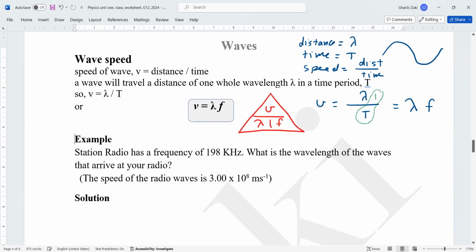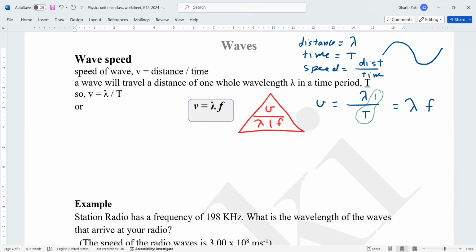So this is very important. Note, I will write this. Note that in the same medium, the speed is constant. The speed of wave is constant in the same medium. For example, in gas, liquid, or solid, the speed of wave is constant.